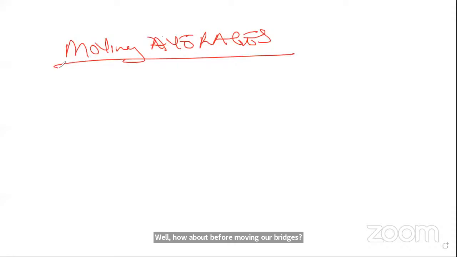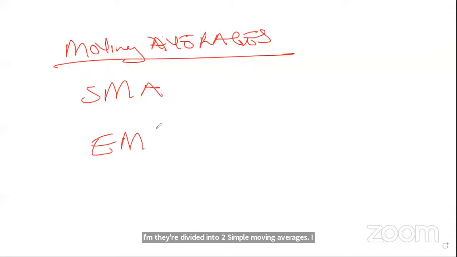So basically, you're going to find that we have what we call moving averages. And they are divided into 2: simple moving averages and exponential moving averages.